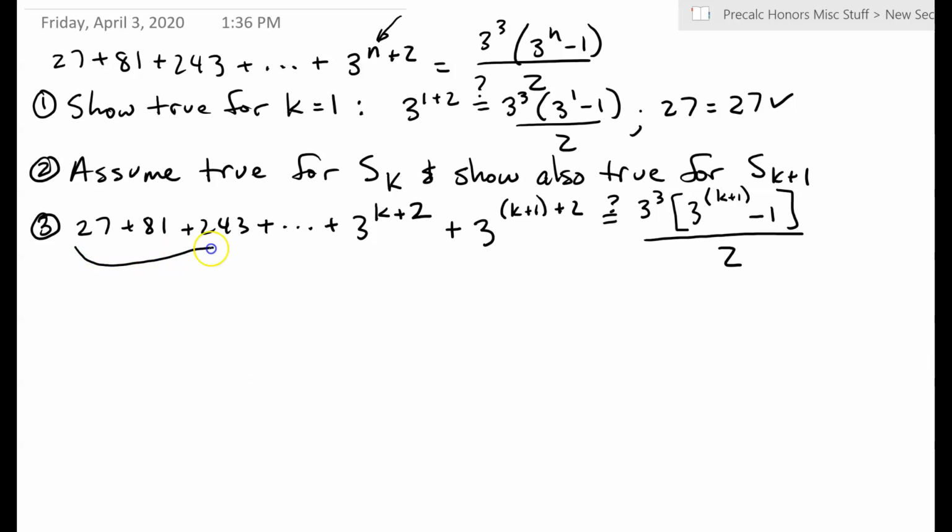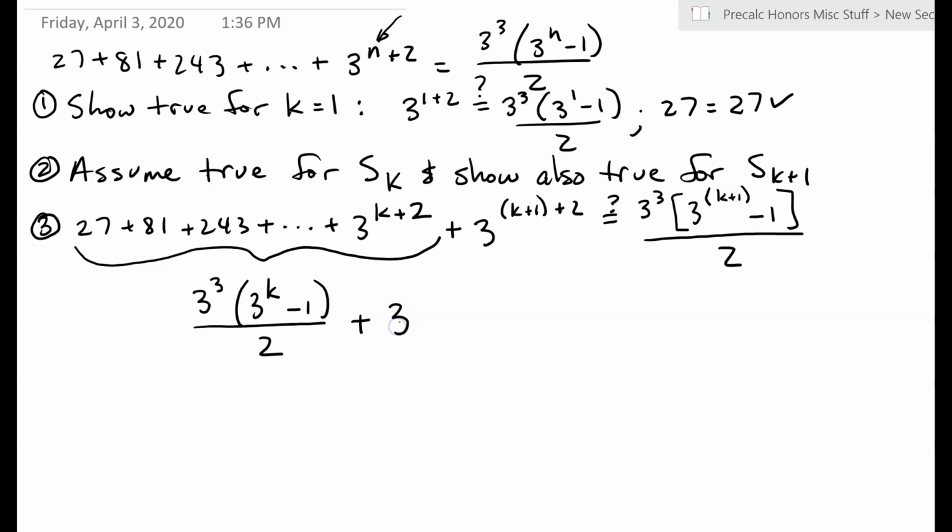All of this here is s sub k, and we're assuming that's true. So s sub k is 3 to the third times 3 to the k minus 1 over 2. All right, and then we have this term here, so that's plus 3 to the k plus 1 plus 2. Now I'm going to split this up a little bit. So it's k plus 1, and then that's plus 3.